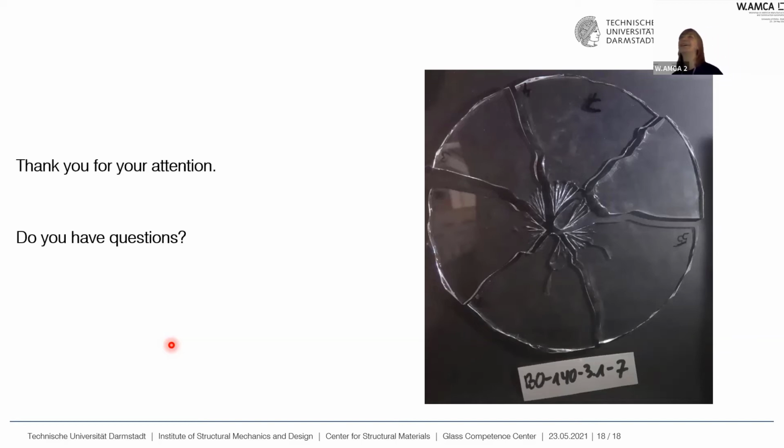It depends on how strong the temperature gradient is. You could evaluate the thermal stress.